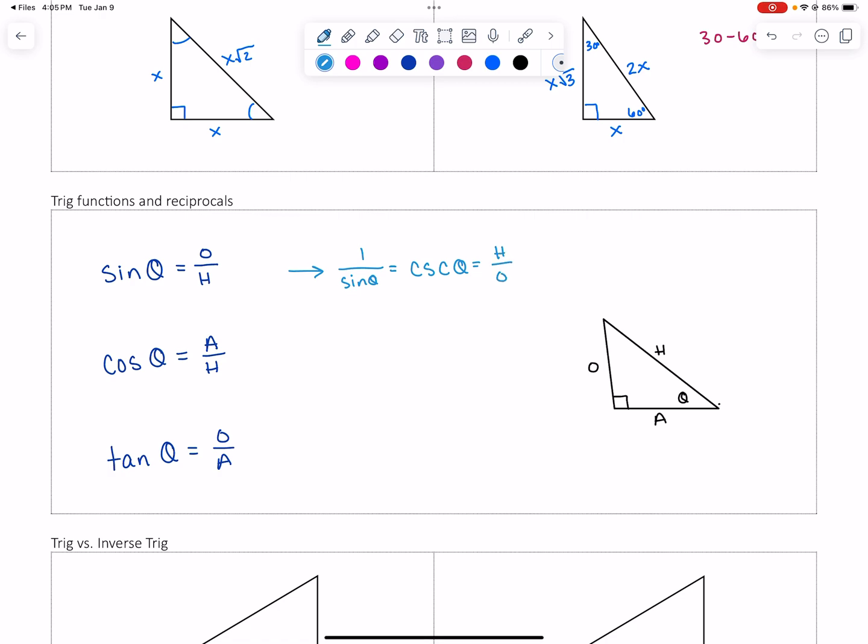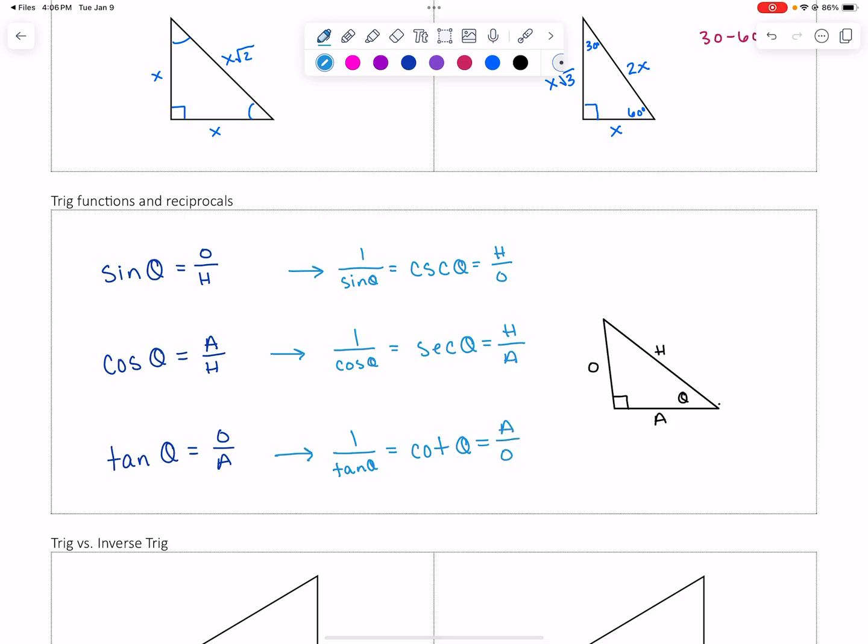And then the reciprocal of cosine, or 1 over cosine theta, is equal to secant theta. This is now hypotenuse over adjacent. And then your very last one is 1 over tangent theta, which is equal to cotangent theta, which is now adjacent over opposite, okay?